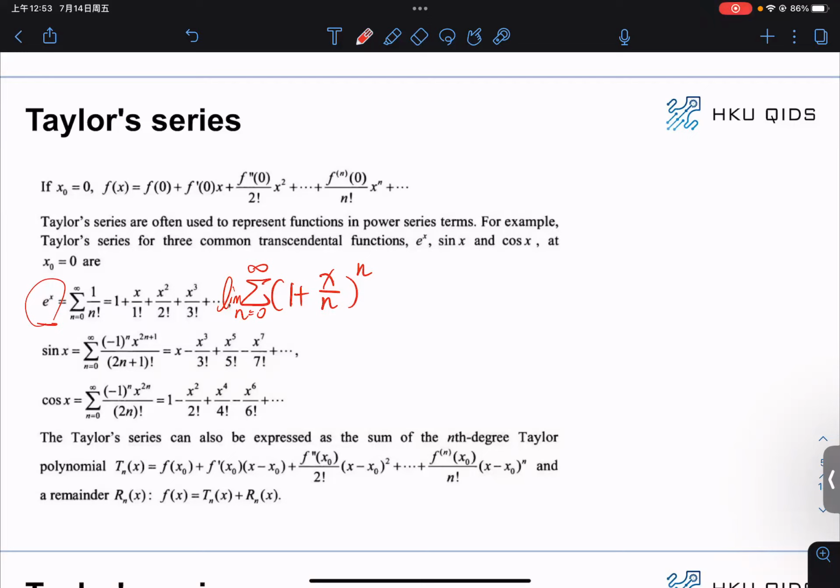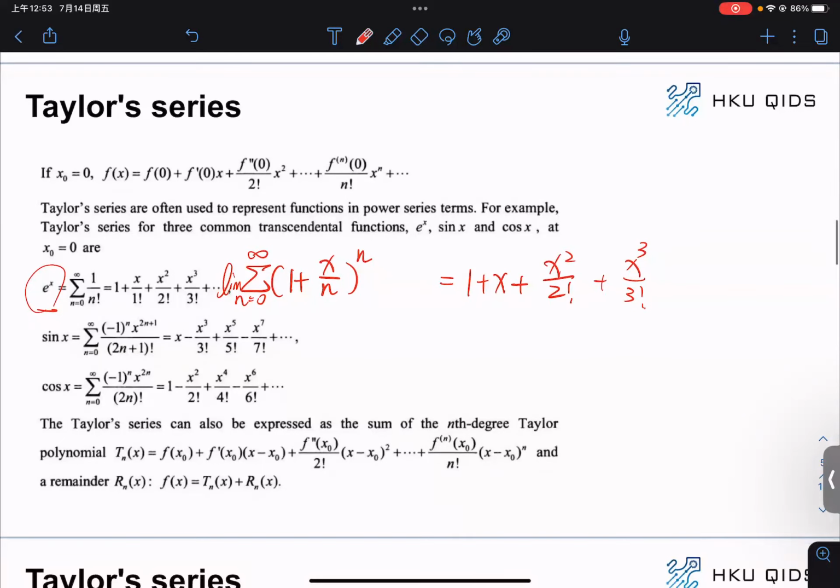It can also be represented as 1 plus x plus x squared over 2 factorial plus x to the power of 3 over 3 factorial. And for sine and cosine, it's just the same as this part. We take all the odd part of e^x while changing every second term, like 3, 7 as negative, while others are positive. And the things left are the cosine.